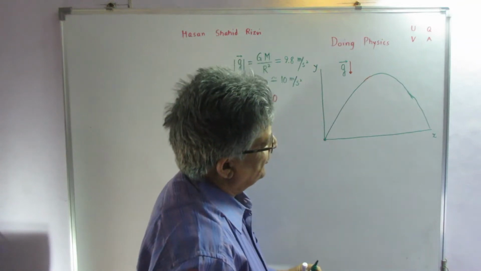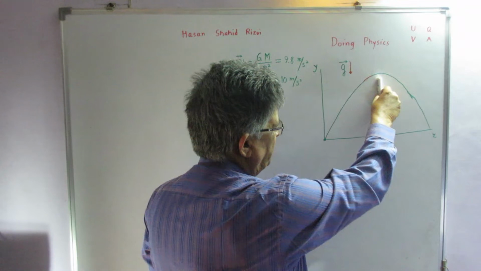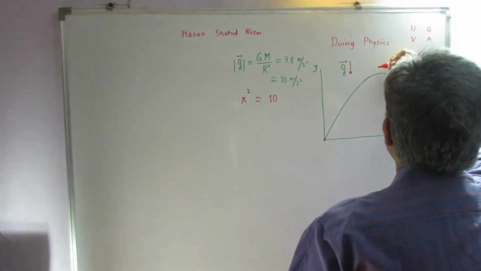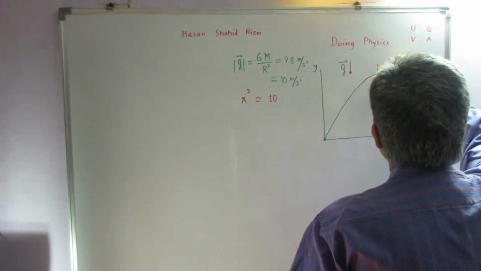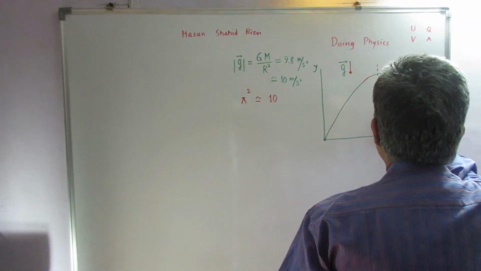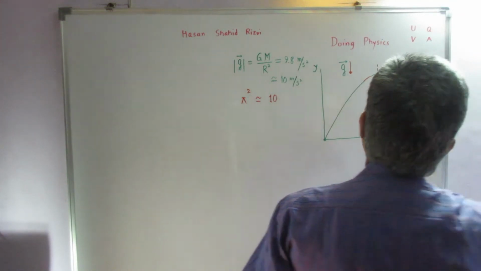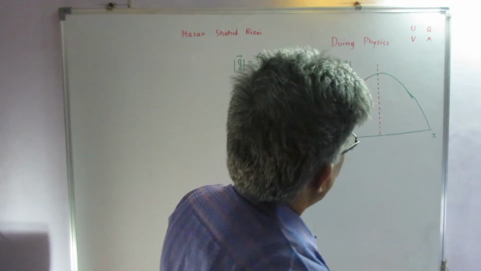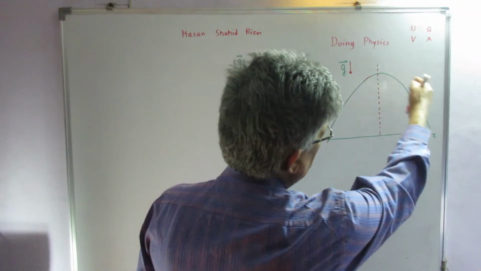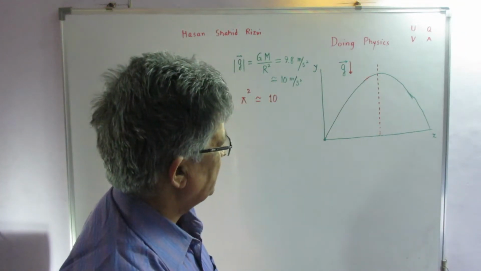From an inspection of this, suppose I cut this curve like this. Observation is very important, and that means that this part of the curve is akin to this part of the curve.